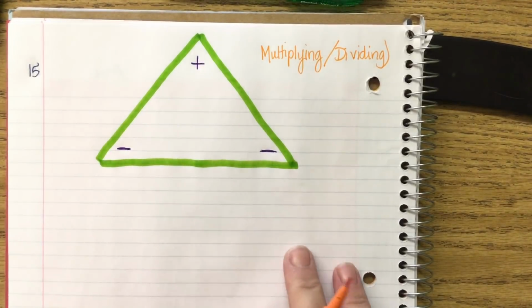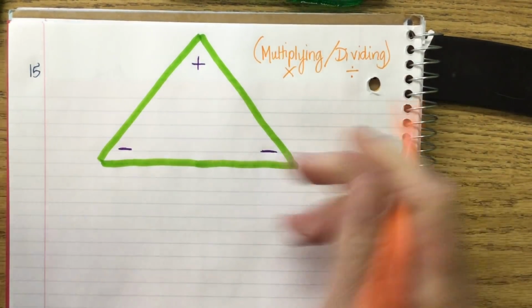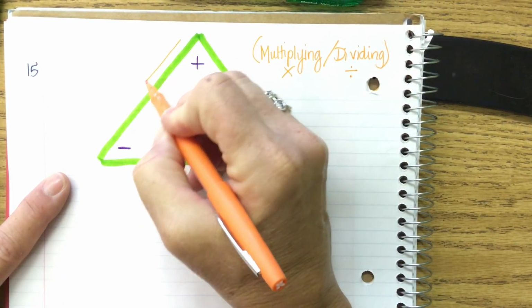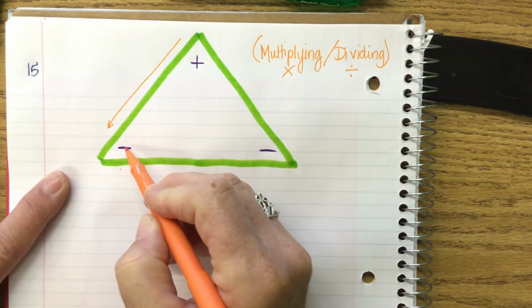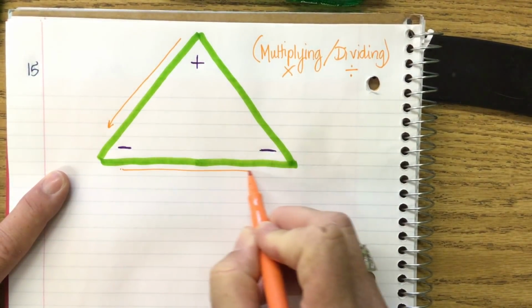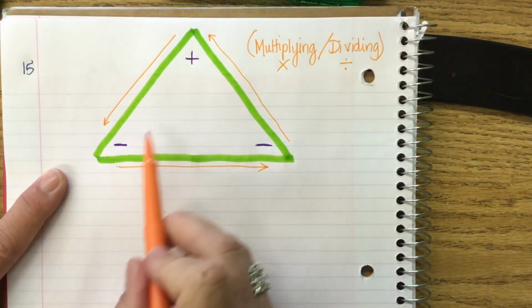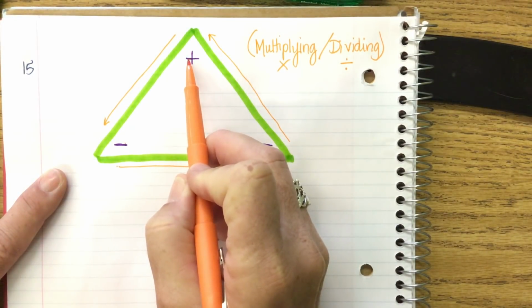So when we are multiplying or dividing, no matter which way you go, a positive times a negative will always give you a negative. But a negative times a negative will always give you a positive.